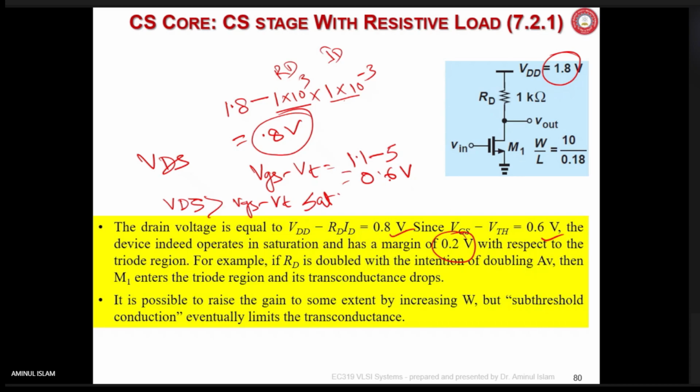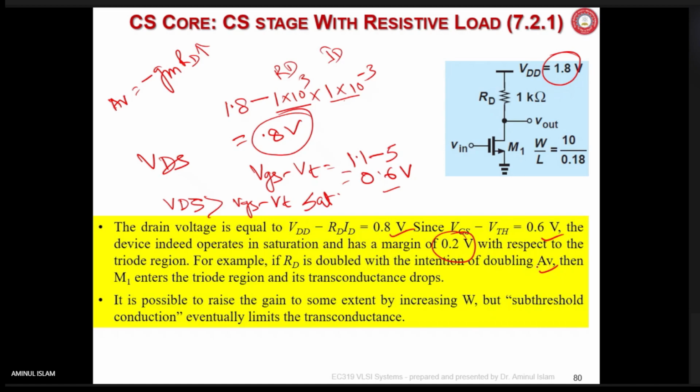The triode region begins if VDS falls below 0.6 volt, so there is a 0.2 volt margin. For example, RD is doubled with the intention of doubling AV, because we have seen that AV equals minus GM RD. So if I increase this, then possibly I will get more gain. That may be the intention.